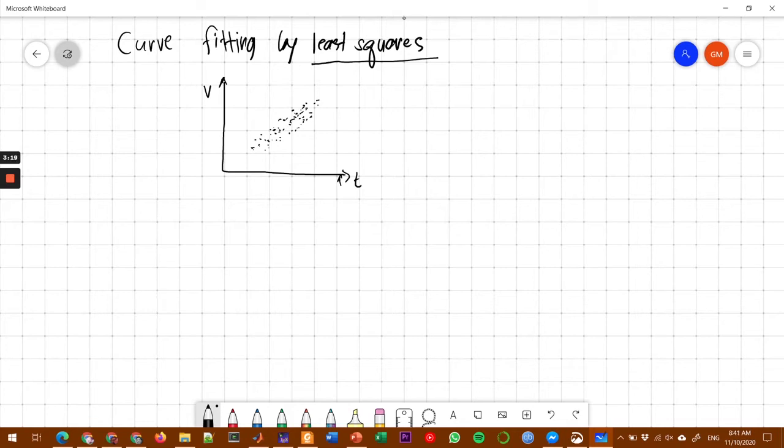To do the best fit, somehow your line sits there. And the reason why it's called least square is that we want to get the difference between all the data points and this theoretical line here. So the error is the theoretical value minus the data.